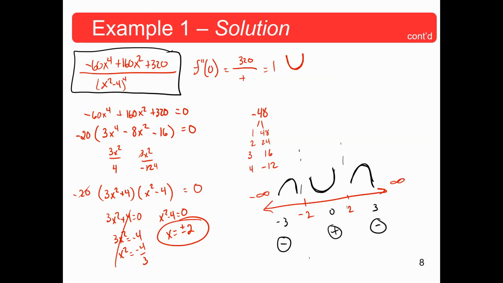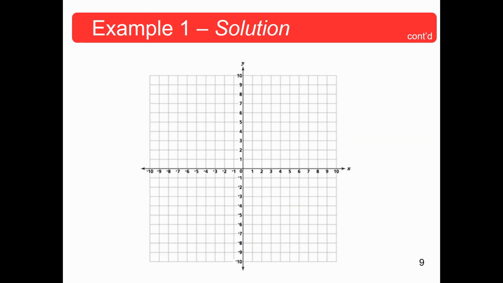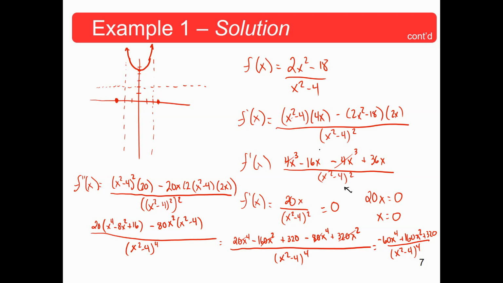So that gives us a bunch of stuff. Let's go ahead and graph everything we know. So we know there are asymptotes at x equals -2 and +2. We know there is a horizontal asymptote at y equals 2, right? We got 2, 2, and 2.